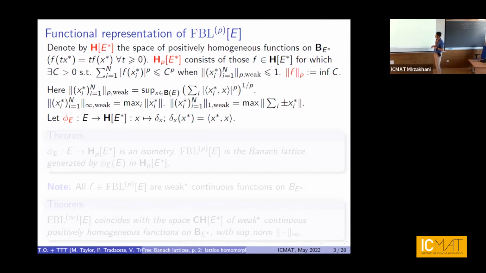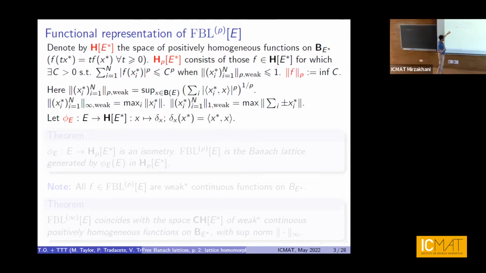I also define an embedding of E into H of E star, which I denote by phi sub E. So I map an element x of E into the evaluation function at x. So basically, if I want to evaluate this function at x star, then I just use the dual action.